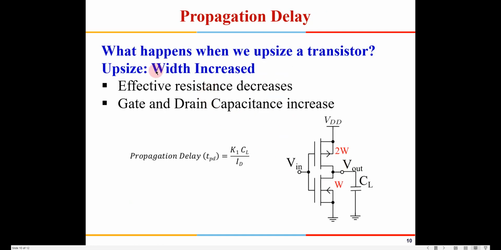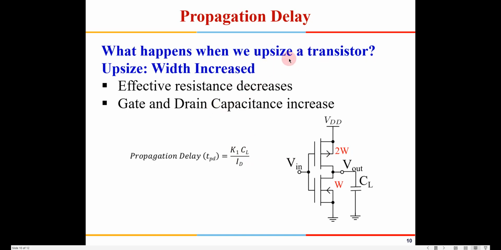Now let's see what happens if we upsize a transistor. If you increase the size of a transistor, obviously the current is going to increase, right? When I say upsize the transistor, it means only the width is increased; the length is kept constant.